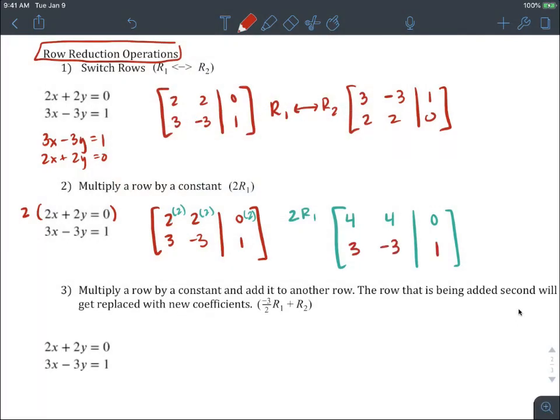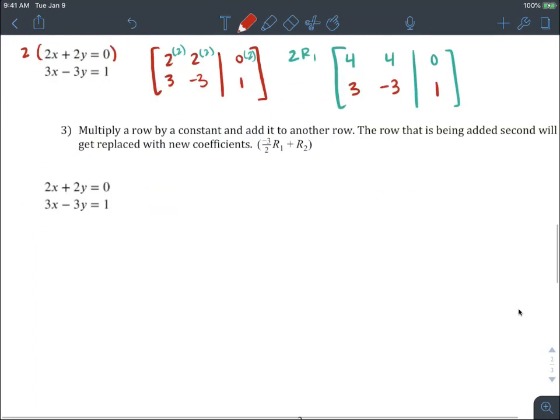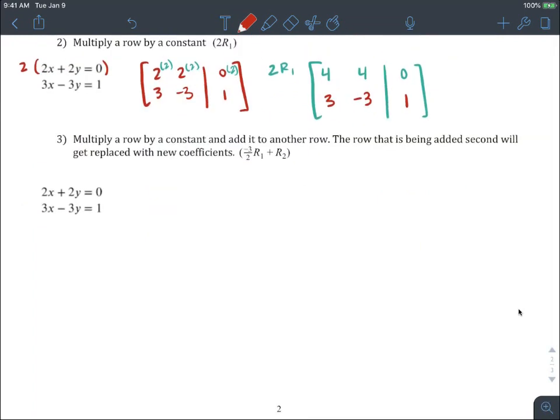Okay. Lastly, we're going to multiply a row by a constant or a scalar and add it to another row. Then you're going to replace that second row with the result. So actually, I think I'm going to write this a little different. So same augmented matrix we were working with before. We're going to see later that it's really helpful if we get a 0 in this place right here.